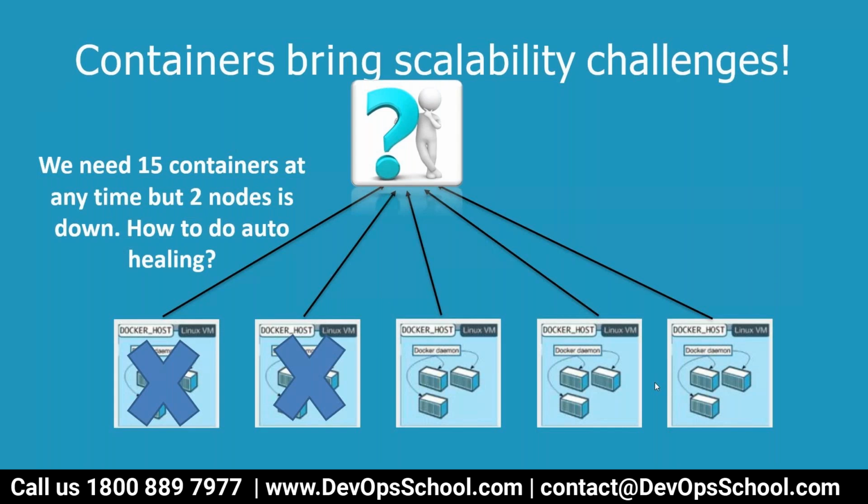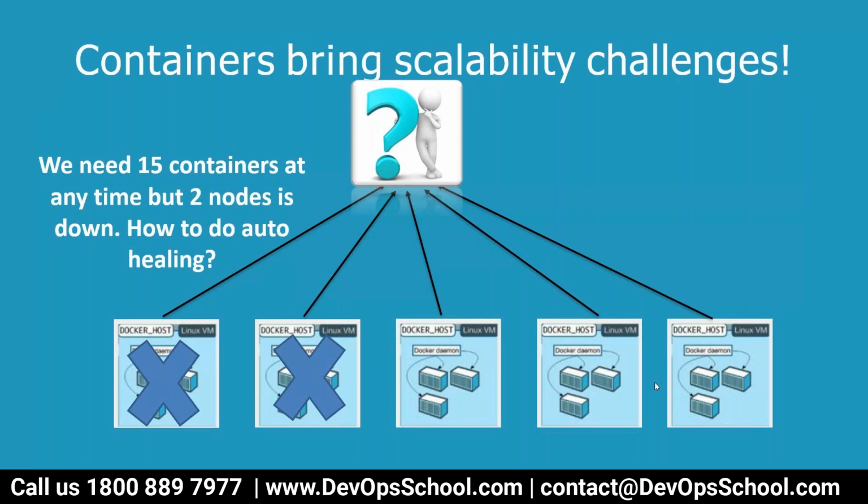Now you know that 24/7 we are expecting everything to be up and running. So how can you make sure that whatever we specify, let's say we need 15 containers at any given point of time, 15 containers should be running? If some of the containers are not working well, then we should immediately, I said immediately, replace them with new containers. So that is the thing.